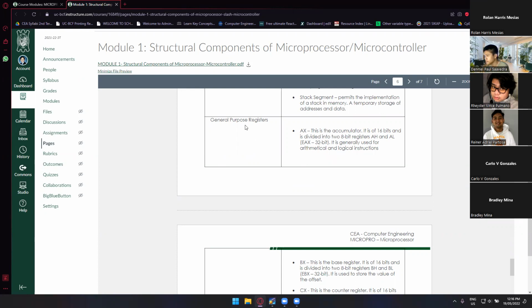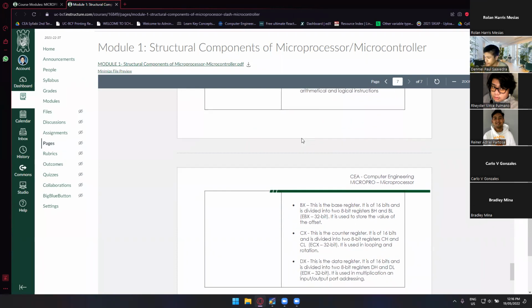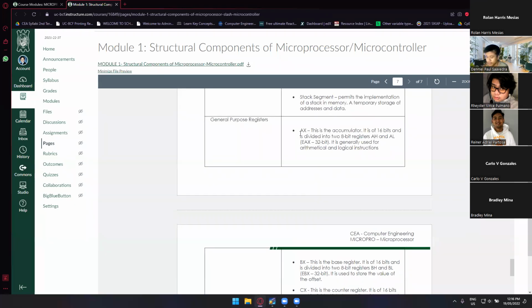So for the general purpose registers, we have four: A, B, C, and D. So AX, BX, CX, and then DX. All of them are 32-bit. Again, you can use them as storage, but they have their own advantages and disadvantages, just like what I mentioned a while ago. The AX is the accumulator.